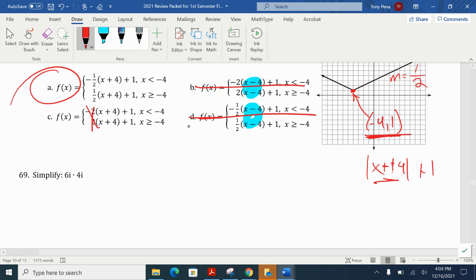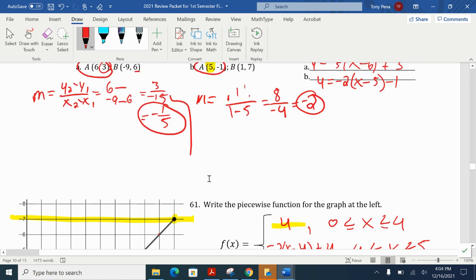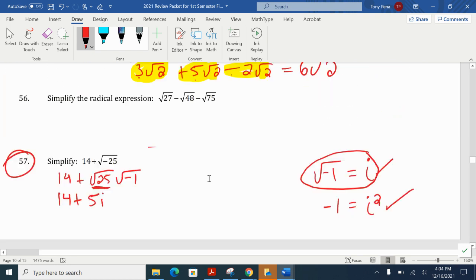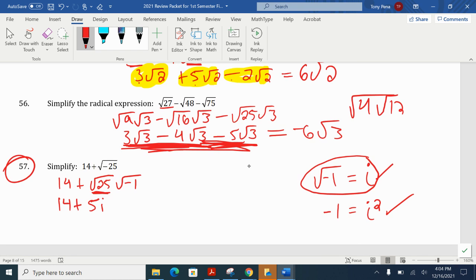All right, 69. Multiply those together. The 24, and then i times i is i squared. Earlier in the video, we reviewed that. If you skipped ahead to just this problem, let me go back to where I wrote this. These guys, we've already dealt with in 57 and 58. The square root of a -1 is i.